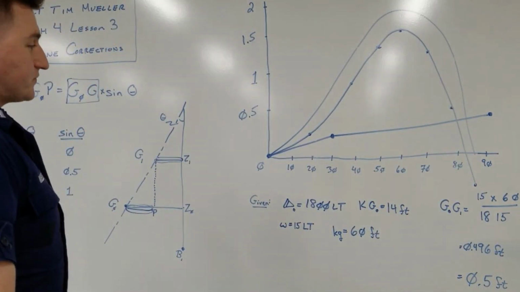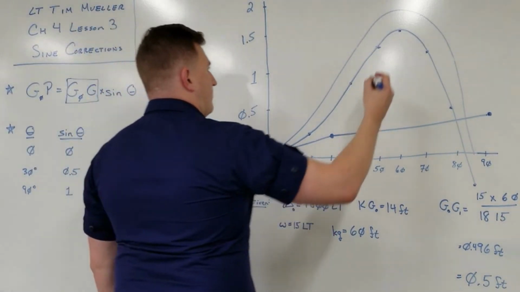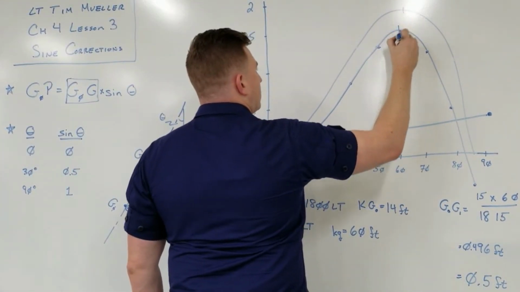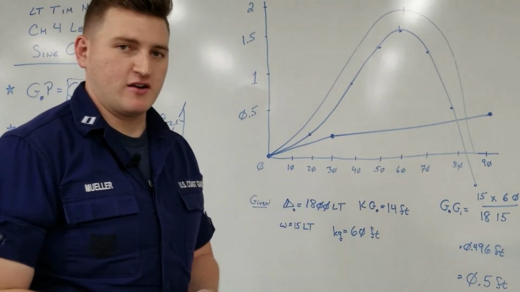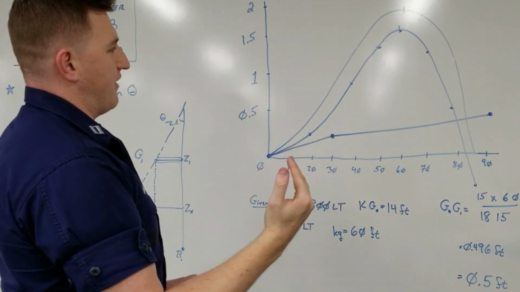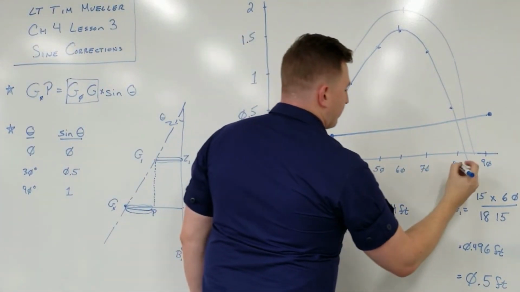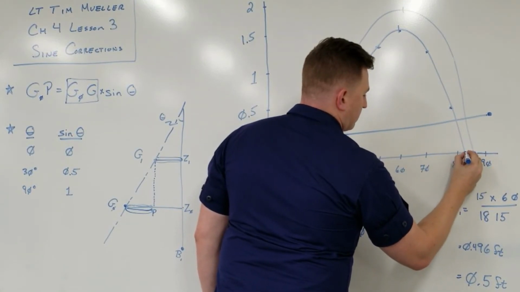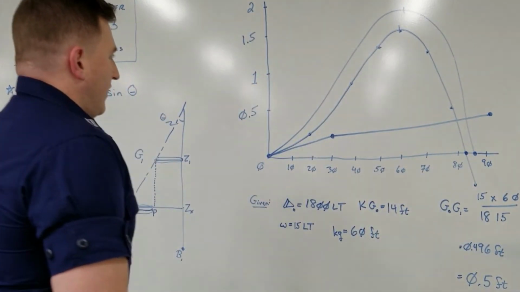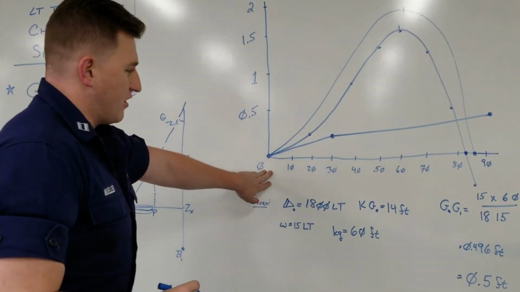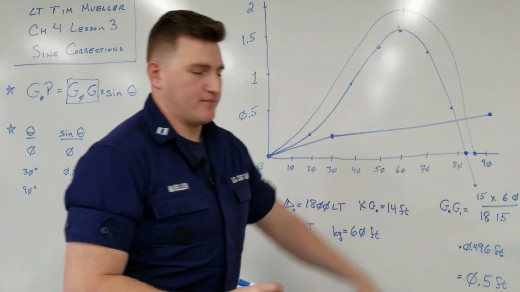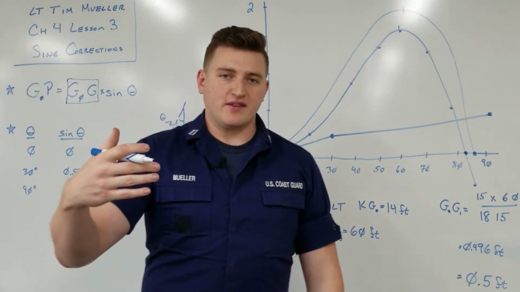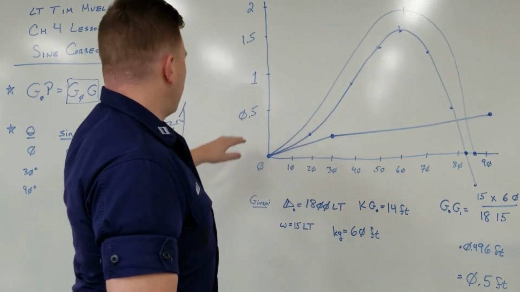And just like that. Again, we see that our point of maximum, or our angle of maximum righting arm, shifts a little bit to the left, as does our point of vanishing stability. It goes from about 85, 86 to about 82, 83. We see that from 0 all the way to our point of vanishing stability, our righting arm has decreased, which we would expect.